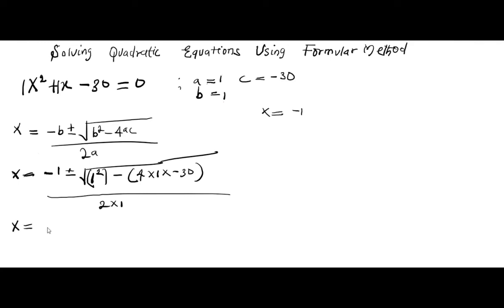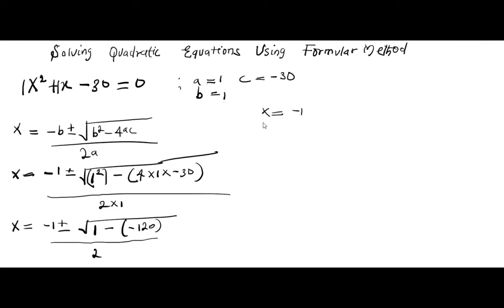Equals to negative 1 plus or minus square root of 1 squared. 1 squared is the same thing as 1 times 1, and we have 1 minus 4 times 1 is 4. 4 times negative 30 is negative 120 divided by 2 times 1. 2 times 1 is 2.